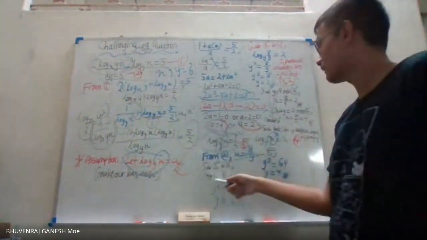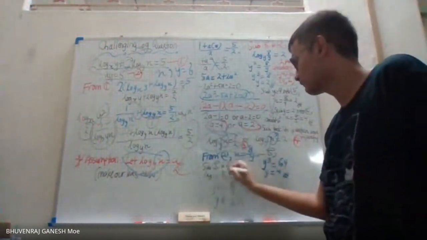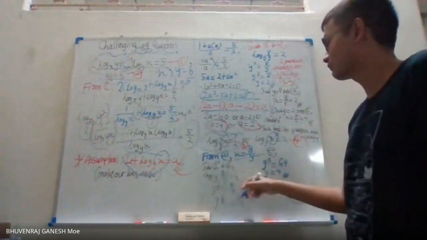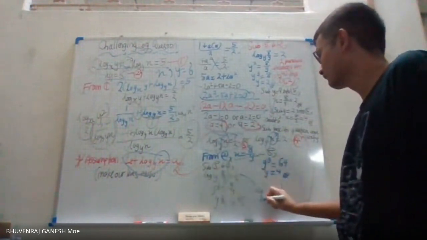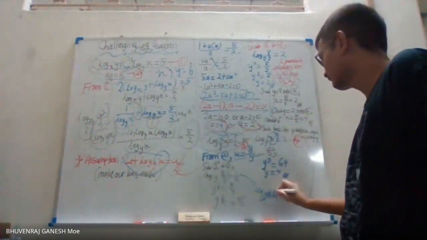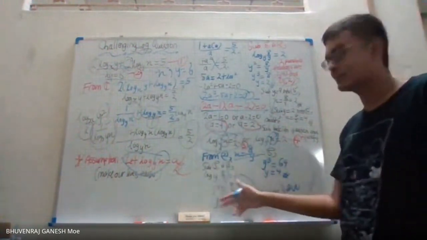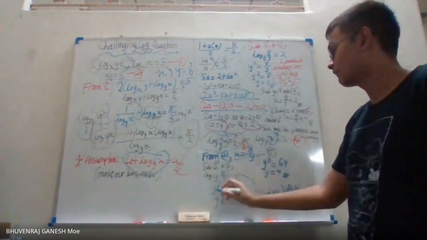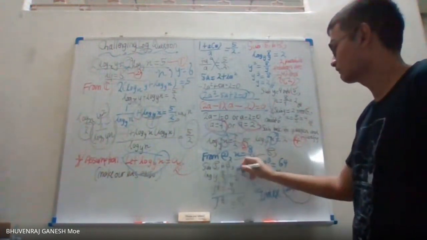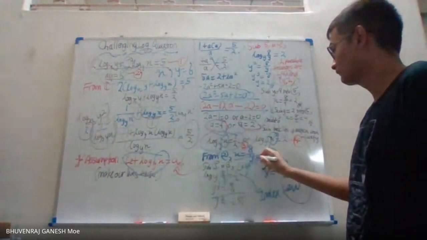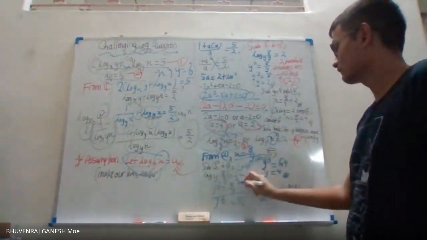So we get log_y of the whole thing, 8 over y, equals half. And then here is your index law, whatever law we have learned. So y power half equals 8 over y. This is how it goes to convert logarithmic form to index form.